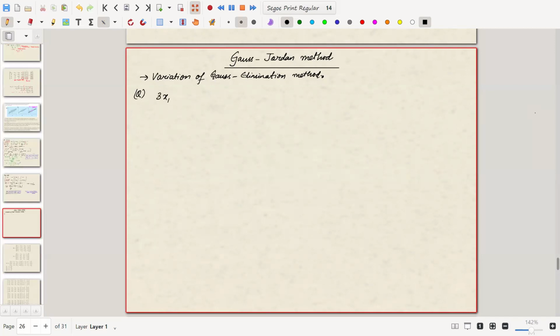Solve this simultaneous equation using the Gauss Jordan method.